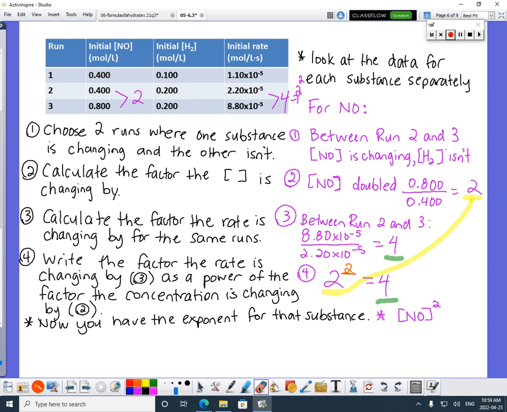Actually, I'll use the same colors I did. So for H2, I'm going to use the same numbering, but I'm not going to write the black steps, okay?